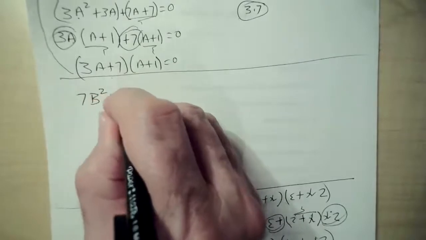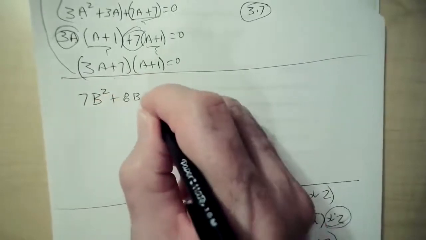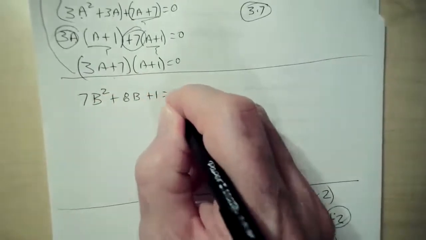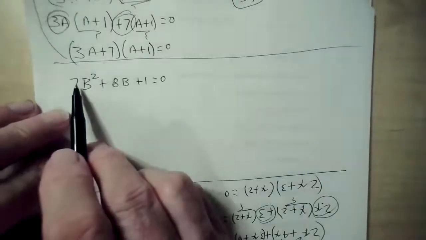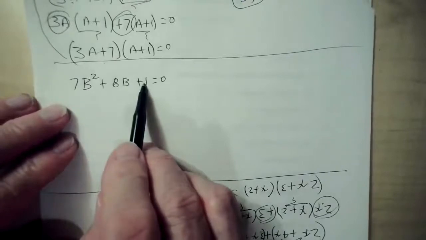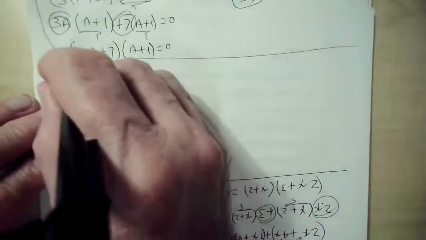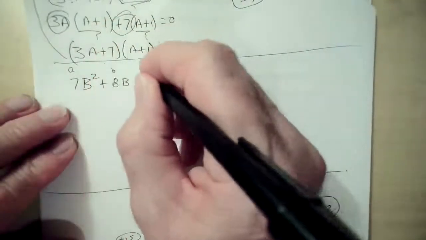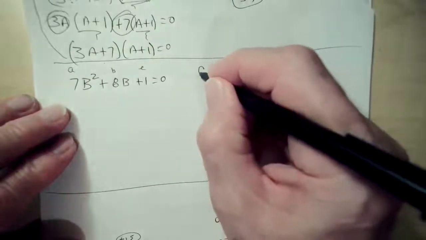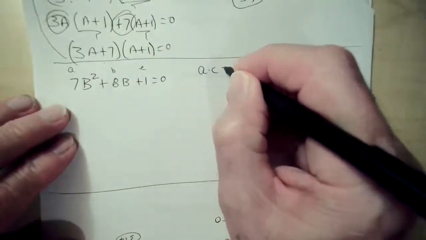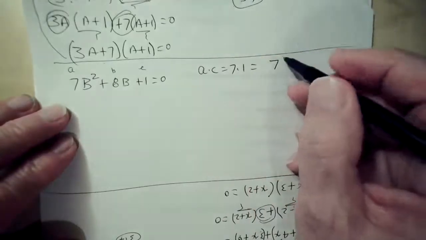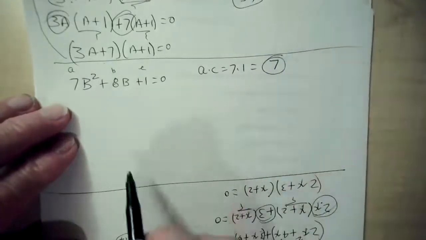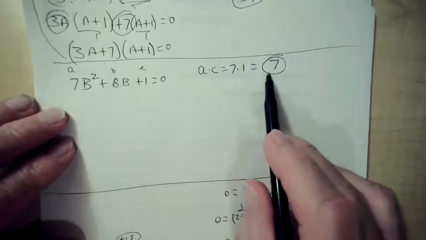7b squared plus 8b plus 1 equals 0. Okay, again, we're going to multiply a times c, a, b, and c. So a times c is 7 times 1, which is 7. Now, what are the factors of 7 that add up to 8?